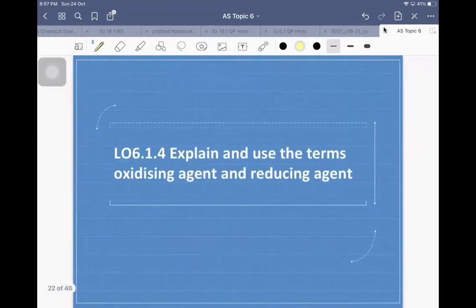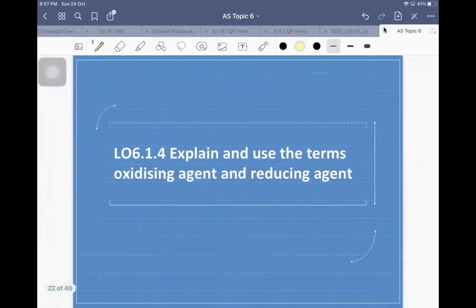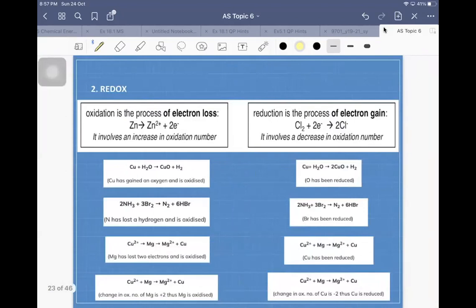The only thing I think would add on to what you already know is in terms of oxidation state. Explain and use the terms oxidizing agent and reducing agent. An oxidizing agent is a species that oxidizes another species. There are a lot of things here which you don't have, but you can always add them on. I'm just giving you specific examples, and I'll talk about the main point later on.